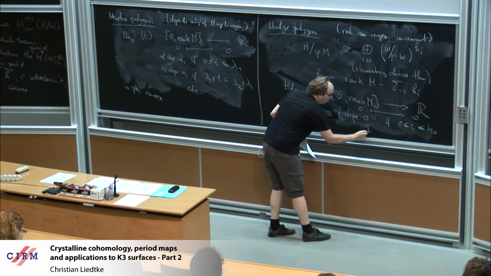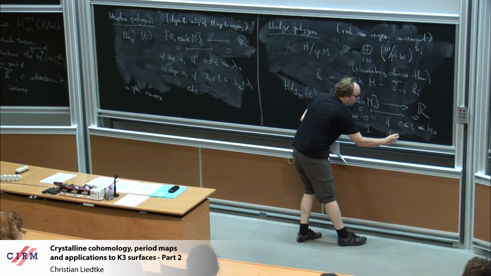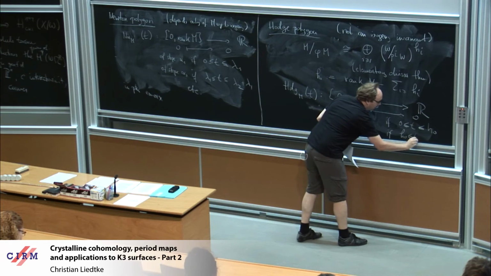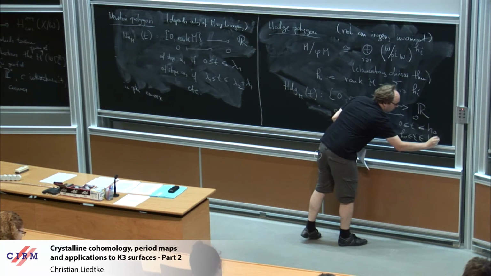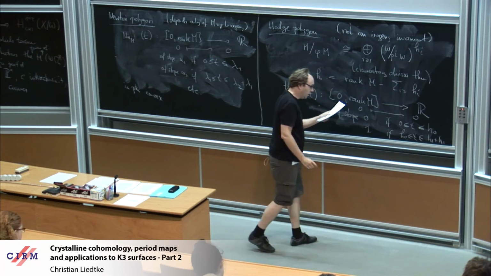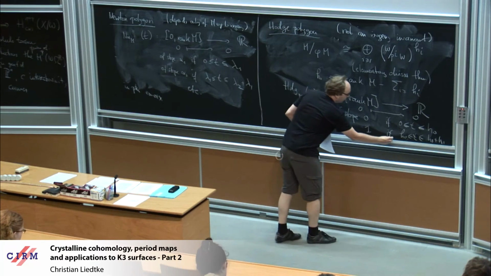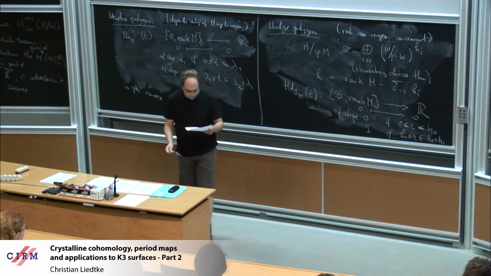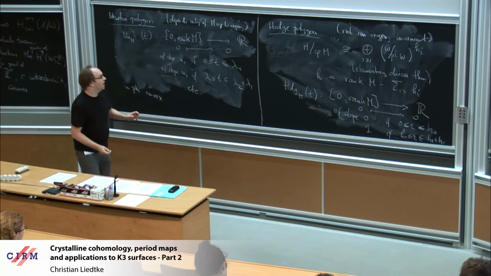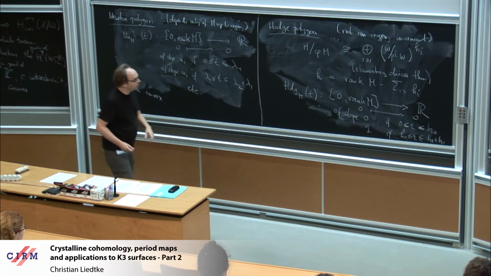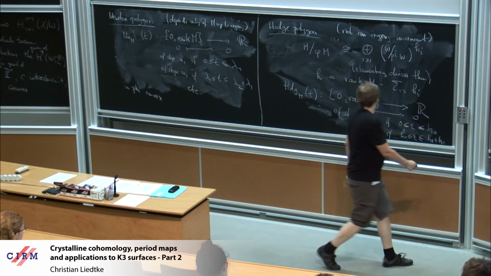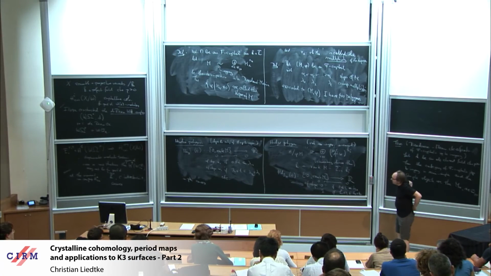It's of slope 1 if you're between h_0 and h_0 plus h_1, and so forth. So associated now, we have these two polygons, and the natural question is, are they related? And the second question is, why is it called Hodge polygon?